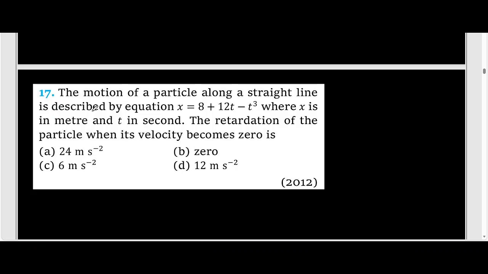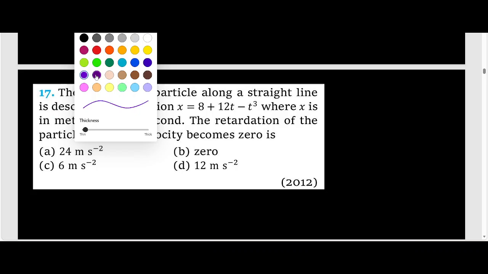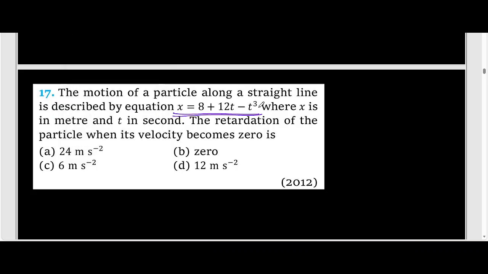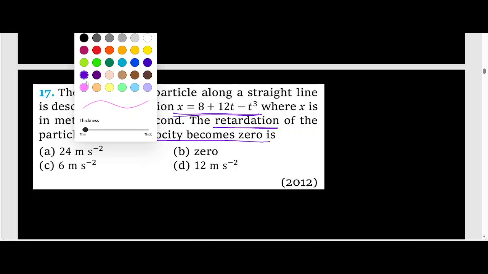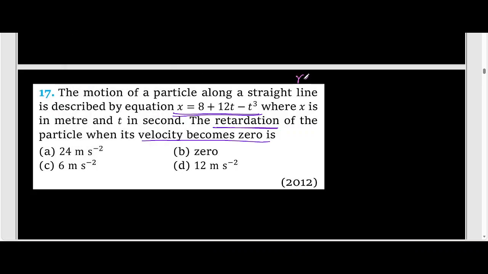Now, the motion of a particle along a straight line is given by this expression. x value is given. Find the retardation of the particle when its velocity becomes 0. What is retardation? Retardation is negative of acceleration.